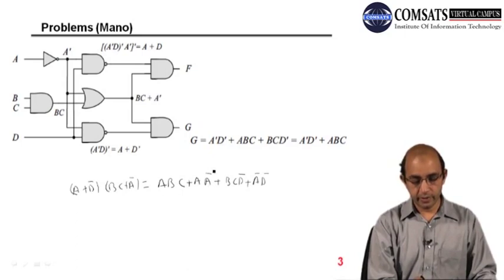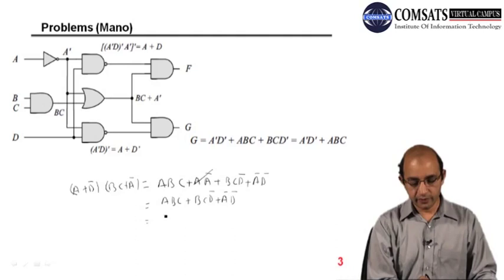This will be cancelled out, because A dot A bar is equal to 0. So we are left with A B C plus B C D bar plus A bar D bar.